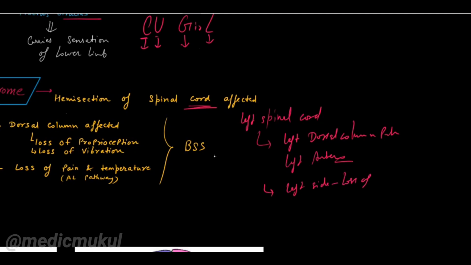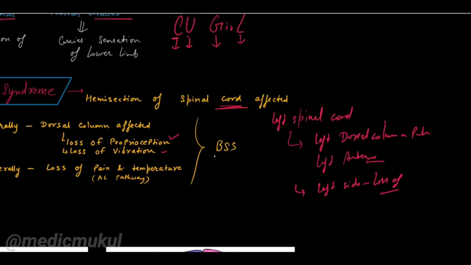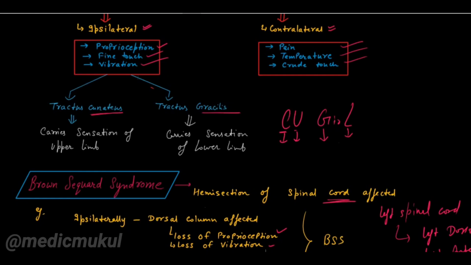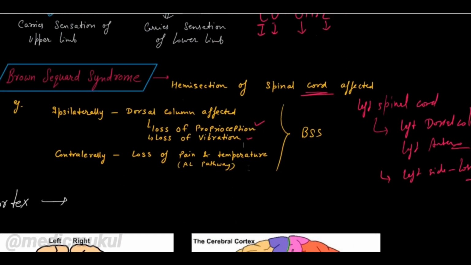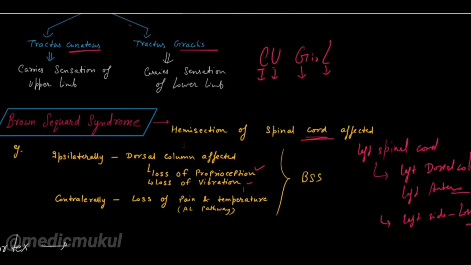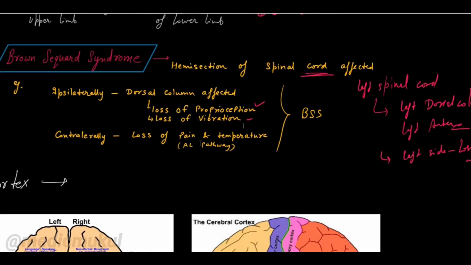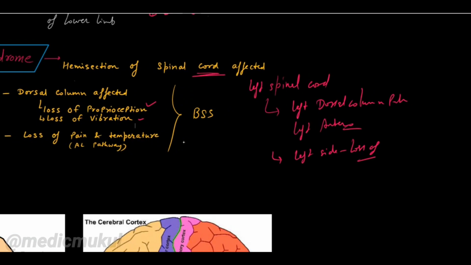So on the left side there will be loss of proprioception and loss of vibration, meaning dorsal column pathway sensation is lost on the ipsilateral side. On the contralateral side, there is loss of pain and temperature. So on the right side there will be loss of pain and temperature.